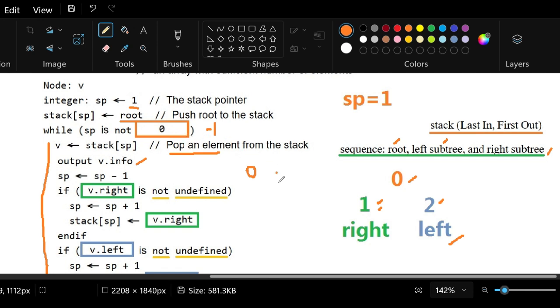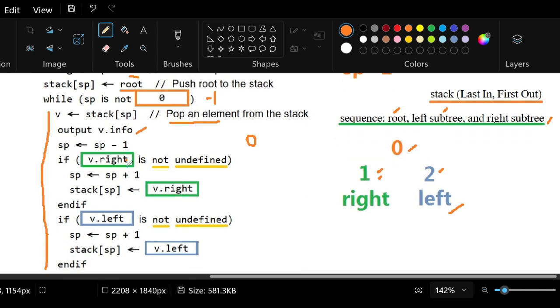Okay, now the last in first out concept: we needed to put the right here and not the left first, because the one that we last put in should be the one that goes out, right? So that's why the second step in the sequence is the left subtree.